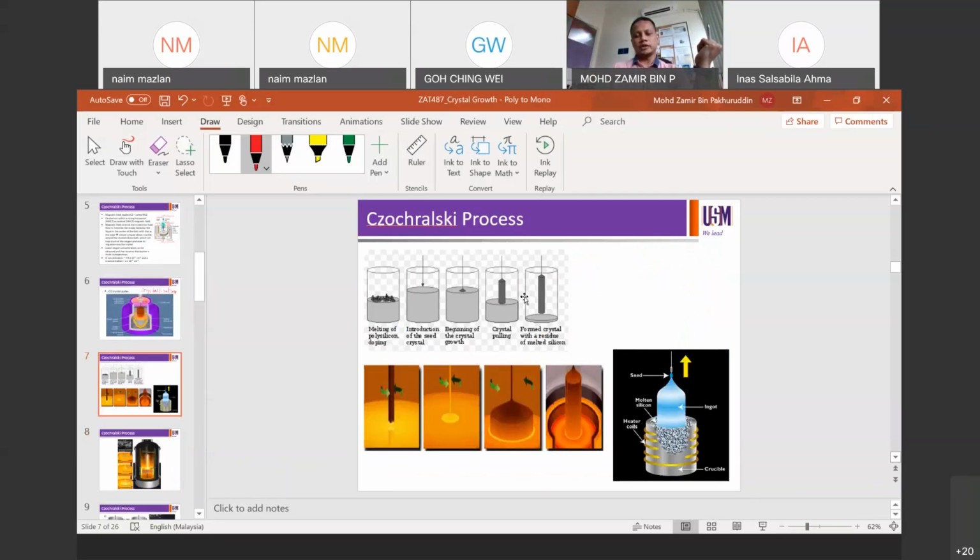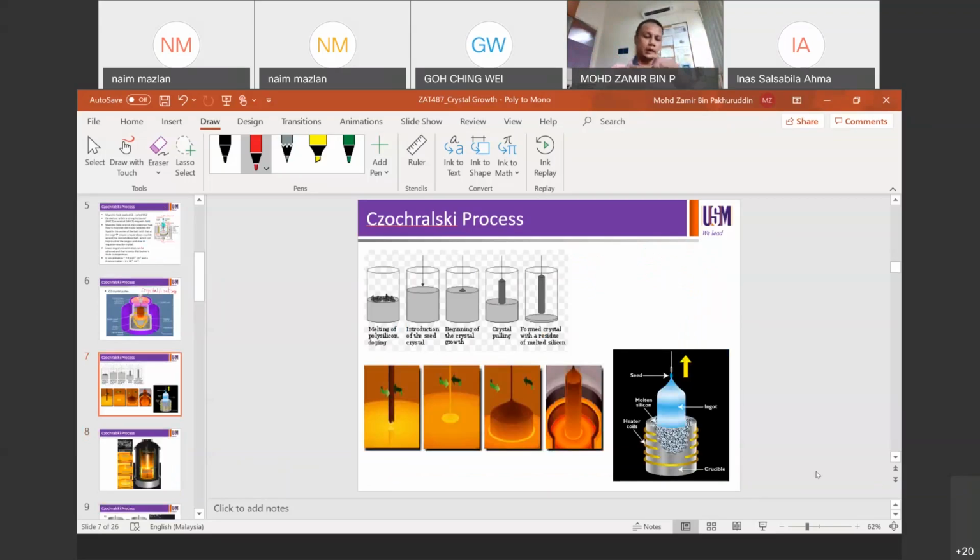So this is a representation of what's actually happening during the process. Kalau nak clearly, you can just go to the video later on, watch the CZ process punya short video.